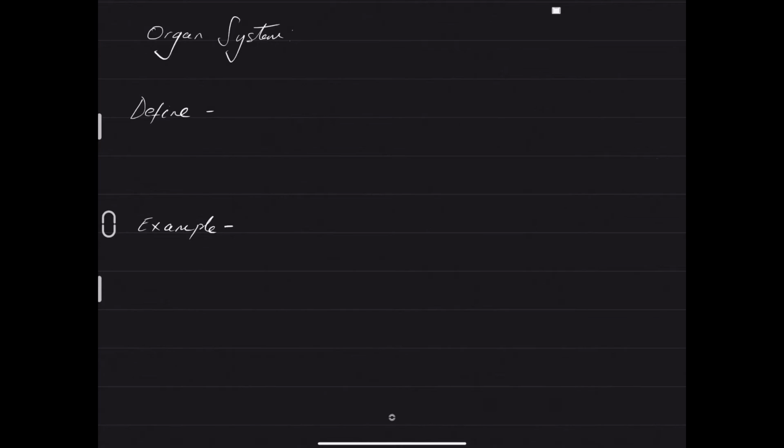Again, it might be helpful to build on the examples that we've already looked at. Okay, so you should have a definition that looks something like this.